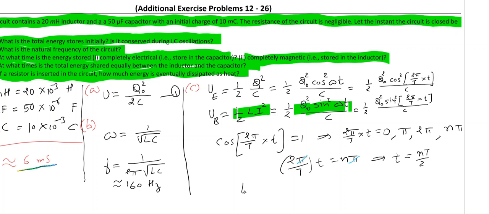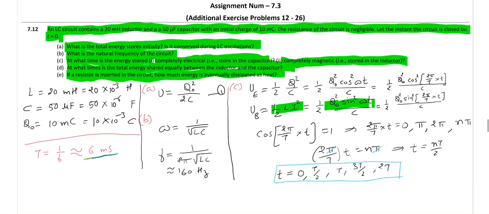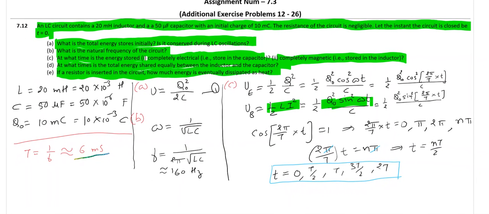It means that for any time like 0, that is initial time, or t by 2, or t, or 3t by 2, or 4t by 2, that is 2t, at all these instances of time, the electrical energy will be maximum. Energy is stored in the form of electrical energy in the capacitor, and magnetic energy will be 0.